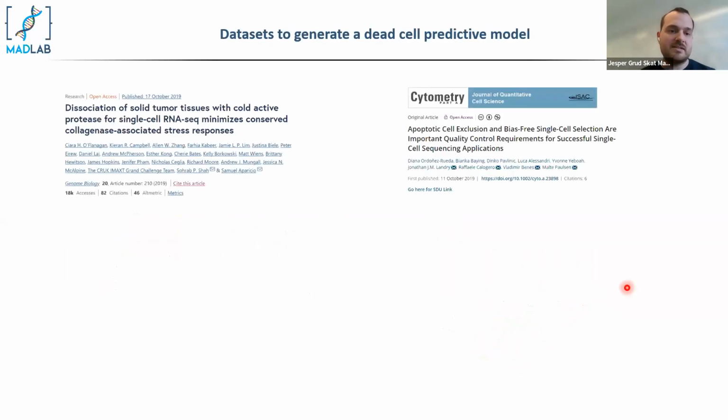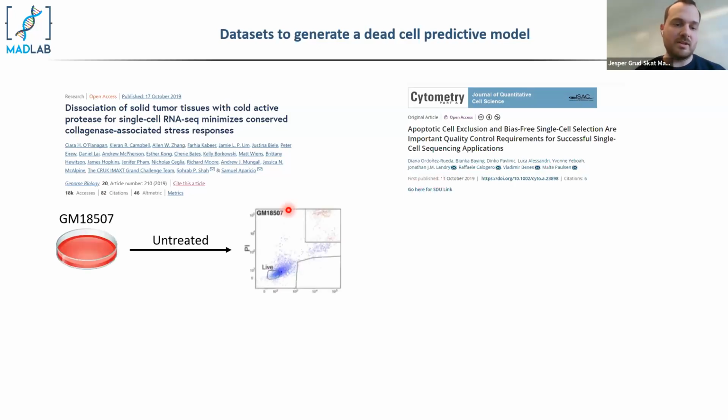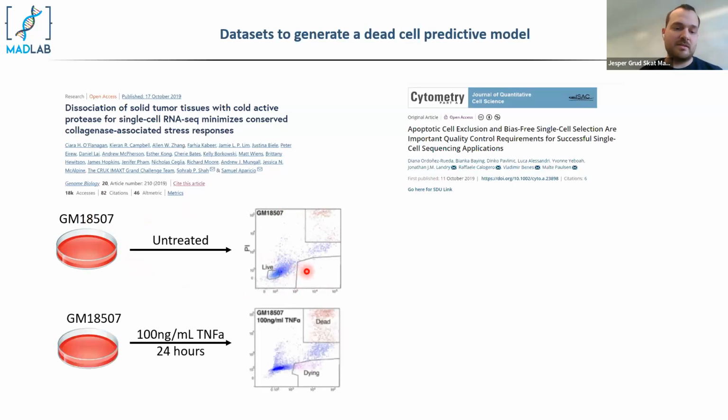There are a few data sets out there which deal with this issue. There's a data set from O'Flanagan and one from Odenes Rueda. In O'Flanagan, they took a cell line, had it untreated, used FACS to find live cells and did 10x Genomics on those cells. They also took the same cell type, induced apoptosis or cell death using TNF alpha, FACS sorted out dead cells and also did 10x Genomics on that.